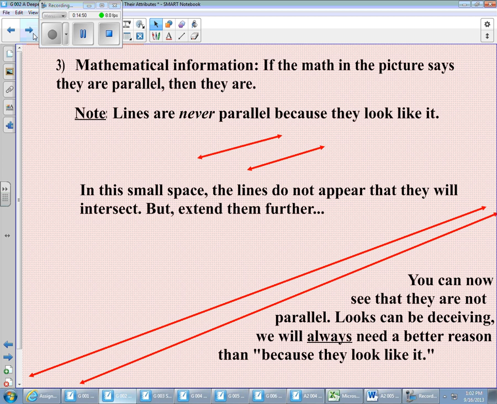So if we can't tell the difference in an entire degree one way or the other, we stand no chance of being able to tell if things are off by fractions of degrees, and that's going to be the case sometimes. So we will never ever decide that two lines are going to be parallel just because they look like it or just because you think so. There had better be good information, either the arrows and the triangles, or so they told us, or we've got some math and we verified it.